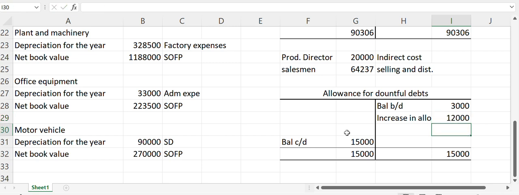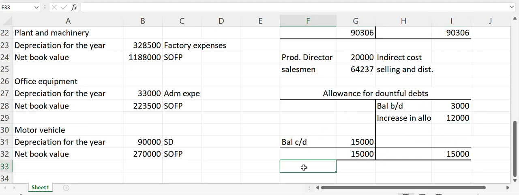The difference is 12,000. So that will be recorded in the income statement as an expense. We can record it under selling and distribution, because debtors are people who buy goods on credit, or you make credit sales to customers whom we call debtors. So this one should be under selling and distribution. Okay, so we are done with that.